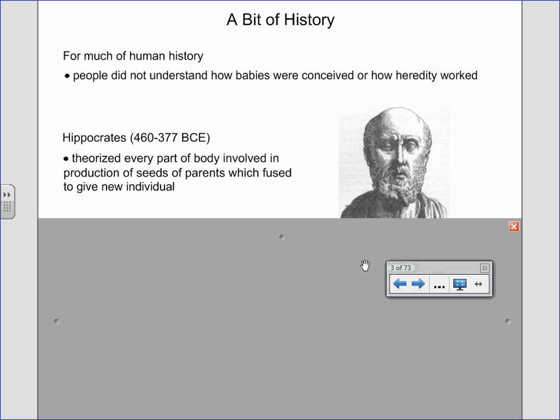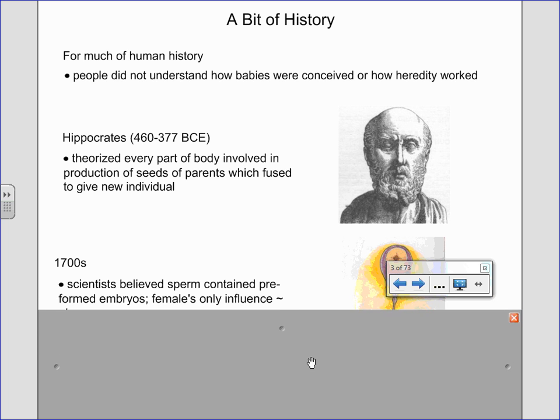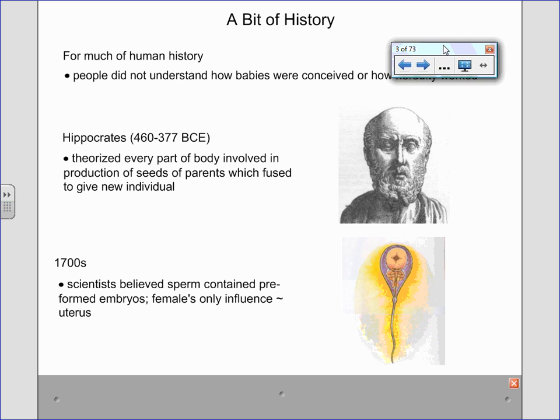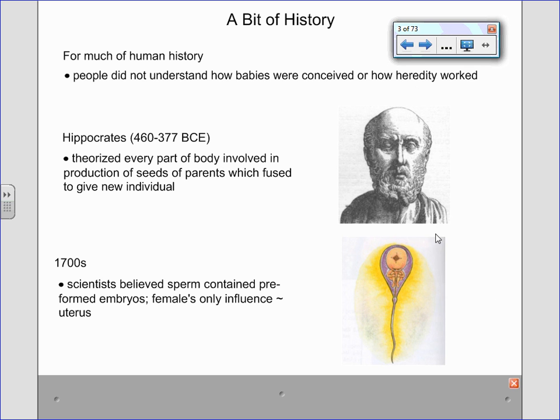In the 1700s, the scientists believed that the male was the only real contributor, and that females only carried the baby. Basically, it was like a mini baby was inside of each sperm, and the sperm was implanted into the womb of the woman, the uterus, and her only job was to carry this baby to term. Imagine.